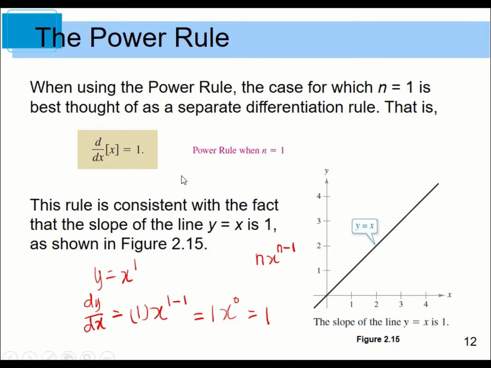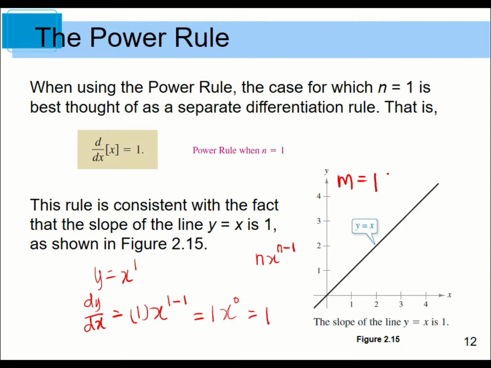Now, if we try to understand the situation, we know that the function y equals x is actually a straight line. So what is the slope of this straight line? The slope of this straight line is actually 1.